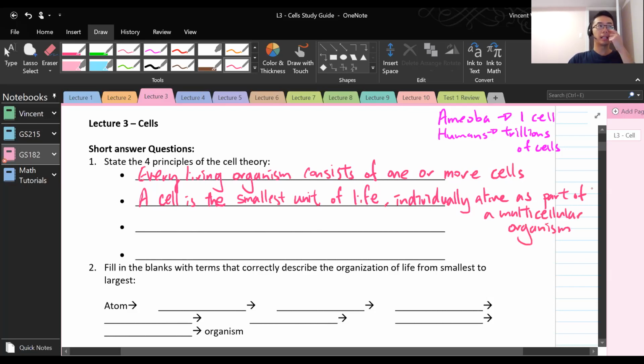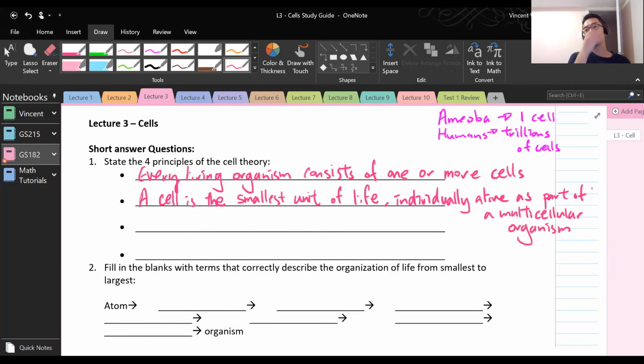We have trillions of cells, but if you were to take some of my cheek cells, you can grow them in a petri dish if you give them the correct nutrients and conditions. Not indefinitely, they're eventually going to die, but you can grow them because individually they are alive. They don't really need to be part of the entire organism to live on, but you would need to provide support, of course.